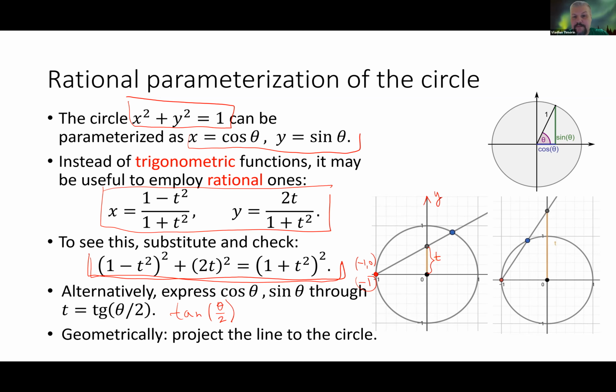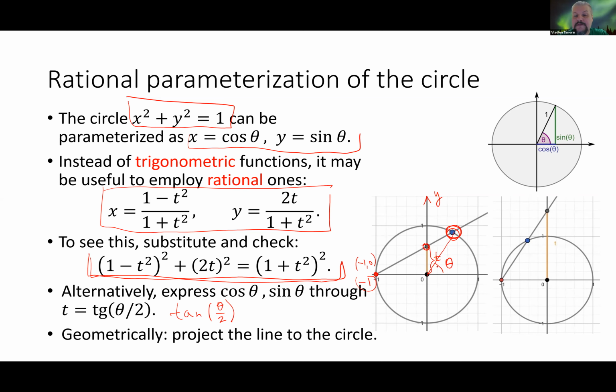So every point on the circle, a blue point here, will correspond to a point of the line with the value of the y coordinate equal to t, and vice versa, every t will give rise to a blue point of the circle. So this t is the same as the tangent of theta over 2, because this angle is theta.